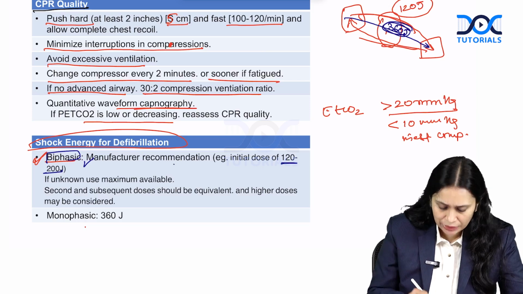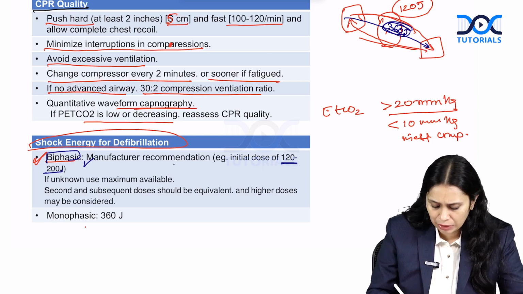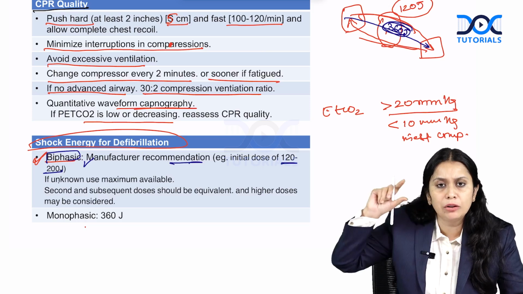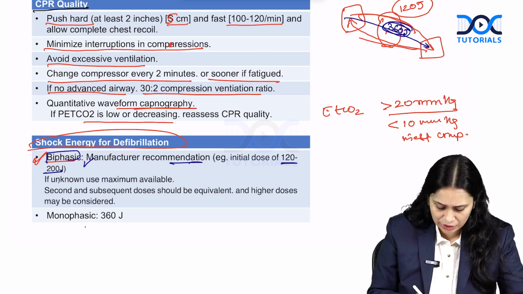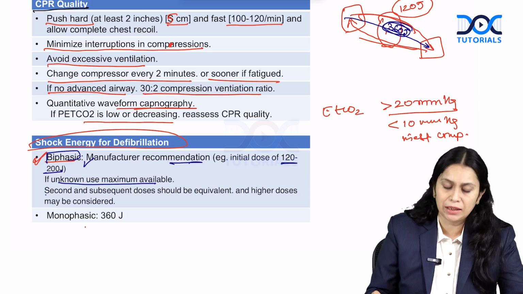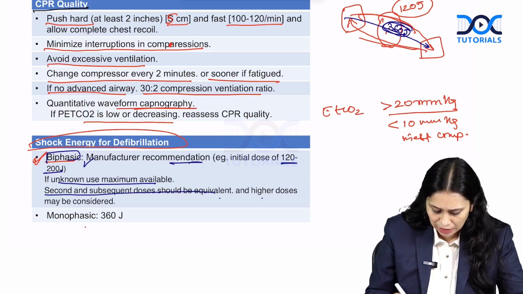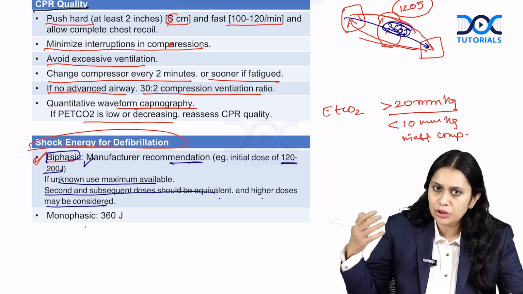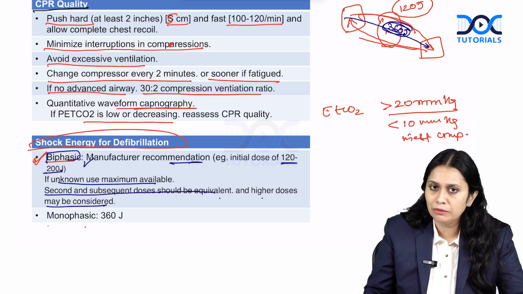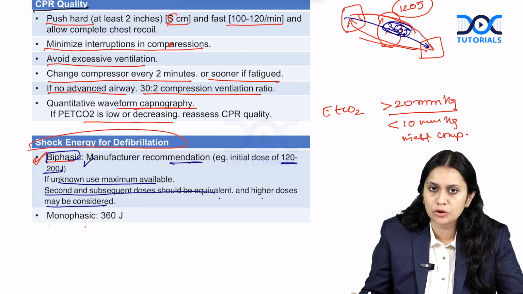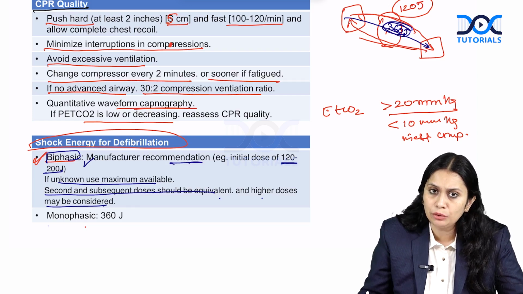Now, if we don't know the manufacturer recommendation, I'll go for the highest energy which can be delivered by that device. Second and subsequent doses should be equivalent, and a higher dose may be considered when the first shock is not converting the heart into sinus rhythm.